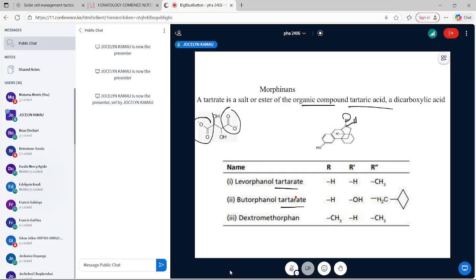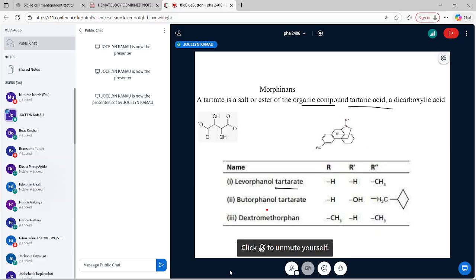Again, note, this is levorphanol. This is where position number 3 has a hydroxyl group, and of course, it has the R configuration at position number 9, and that is the structure there. R is a hydrogen, R prime is also a hydrogen, and R double prime is a methyl group.